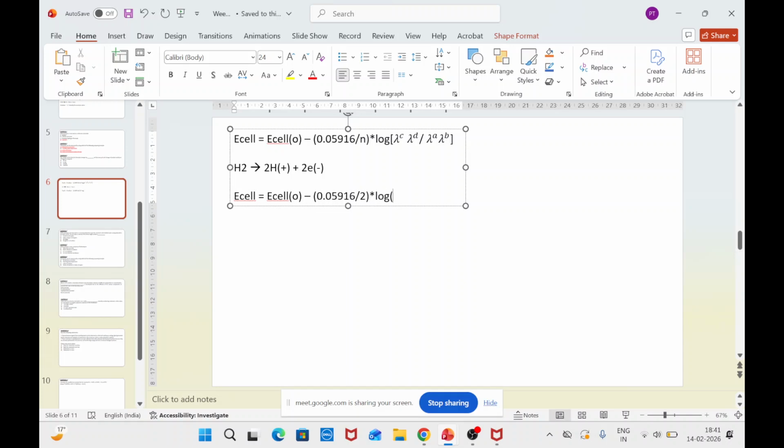So depending upon this equation, it is going to be H plus, sorry, H plus square, divided by the partial pressure or the pressure of H2 gas. Is this fine?